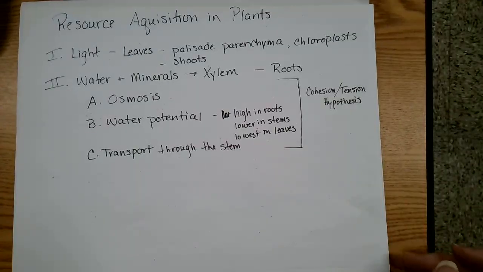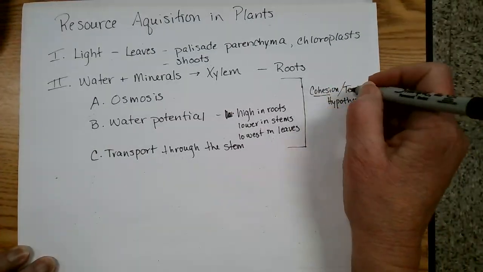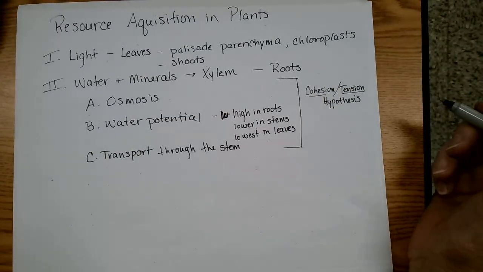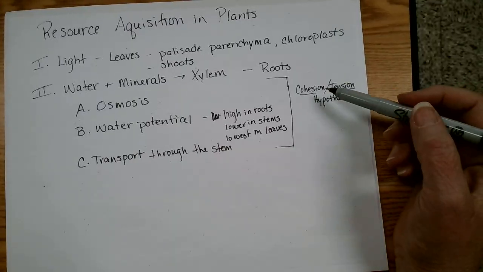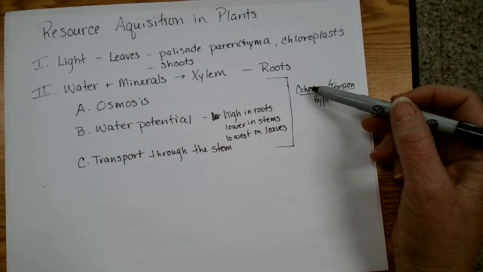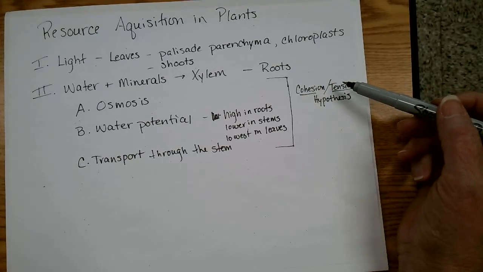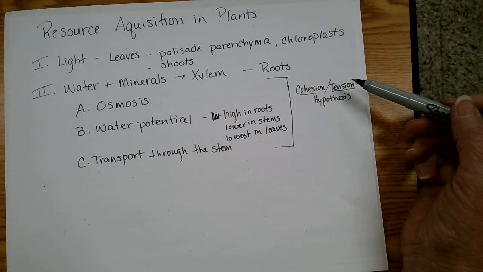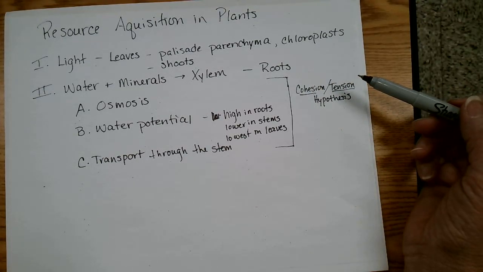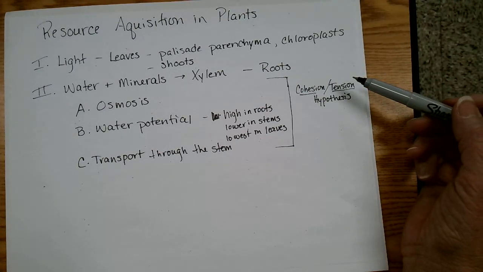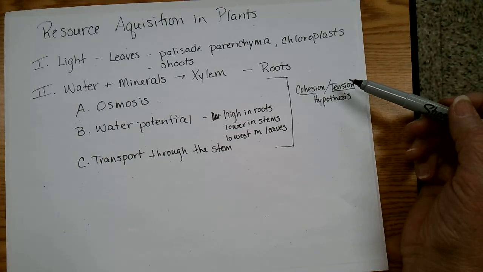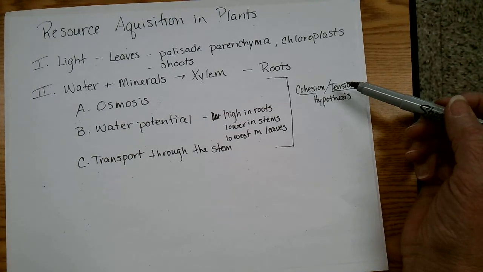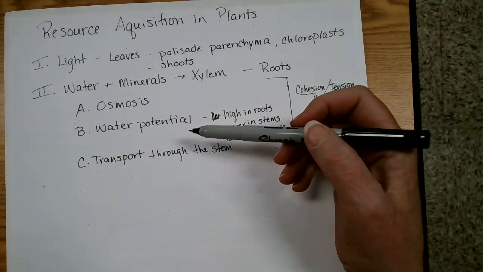If you think about those two words, cohesion and tension, it talks about water molecules sticking together. That's cohesion. Tension, I like to say surface tension, but also that capillary action where the water molecules are sticking to a solid surface, even against gravity. That crawling of the water molecules upwards is driven.